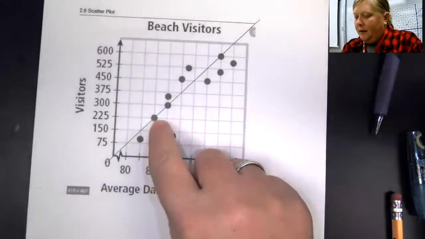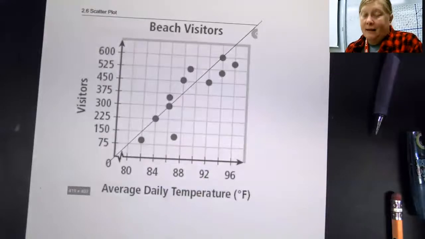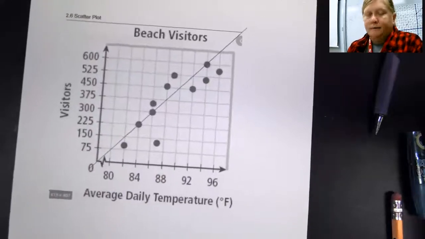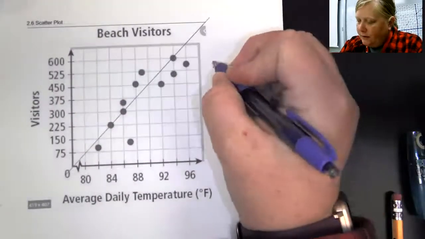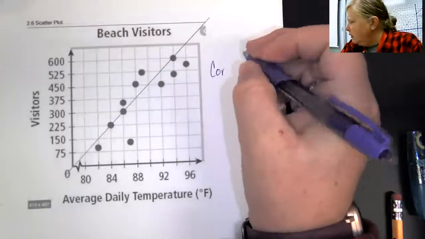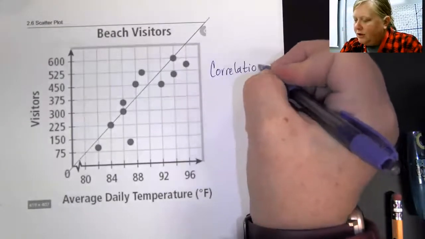I ended up hitting these three points right here, but you can try it too, because the next step is I'm going to come up with the line of best fit. Before we get going on this, we want to talk about what the trend looks like. The first thing we're looking at is the correlation.